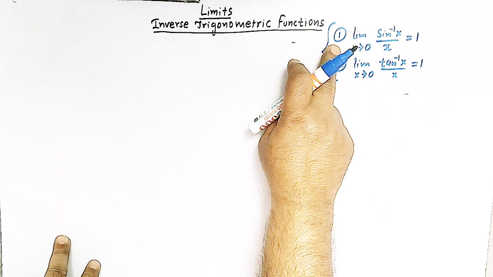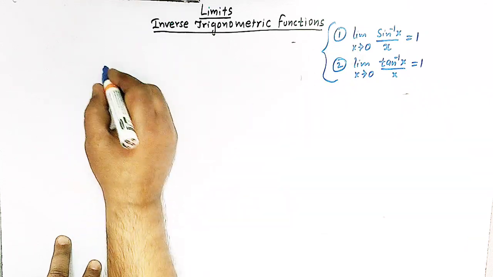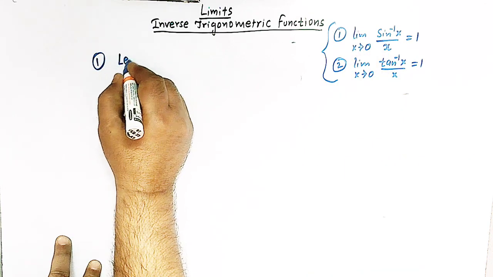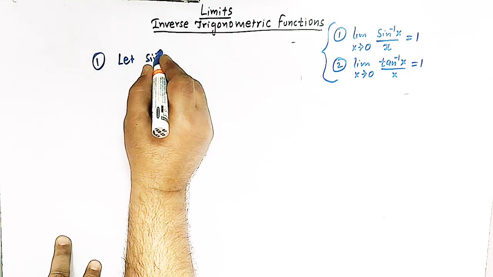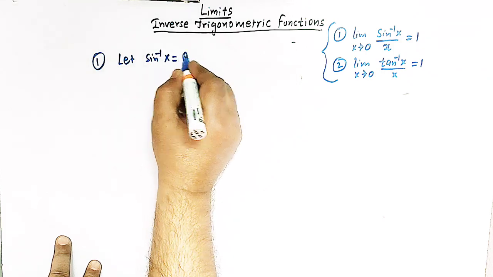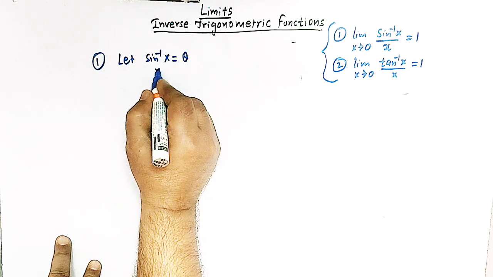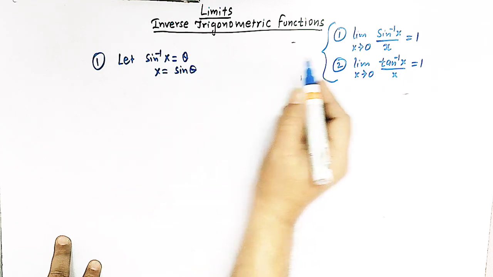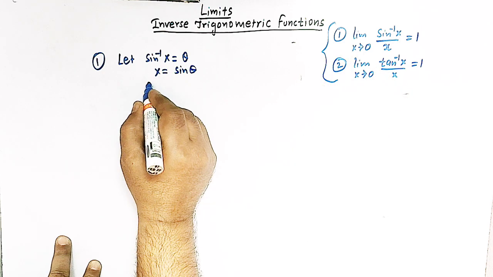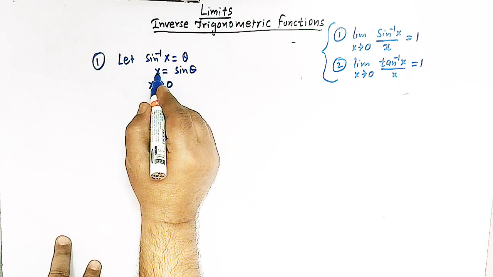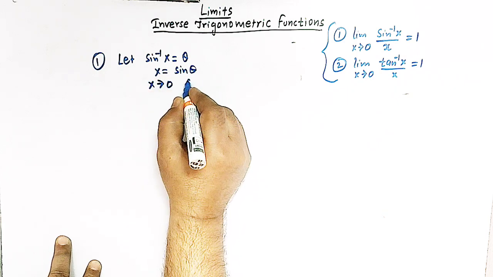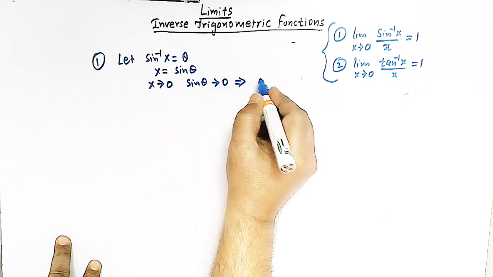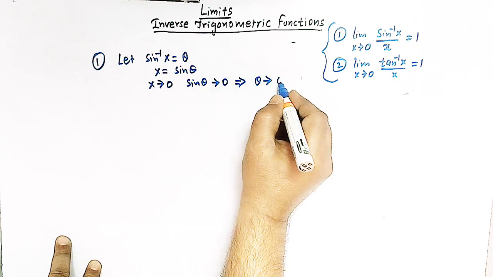Now to prove result 1, let us first make this substitution, that is sine inverse x is equal to theta. So we have x is equal to sine theta, and here x tends to 0. So when x tends to 0, sine theta tends to 0, which implies that theta tends to 0.